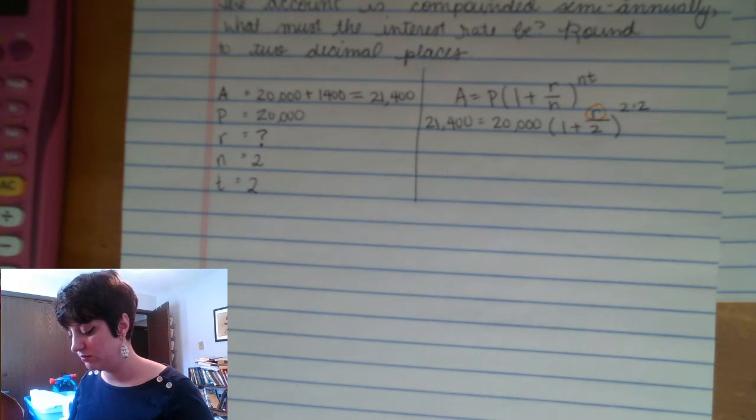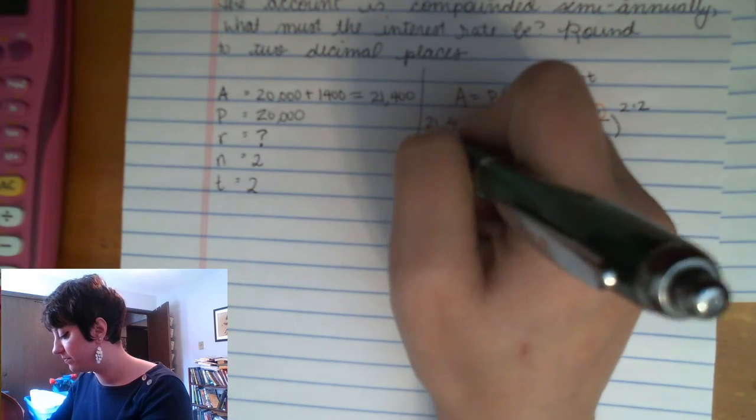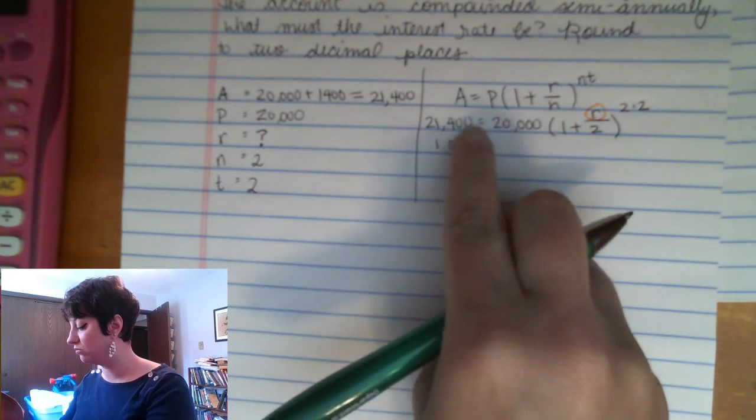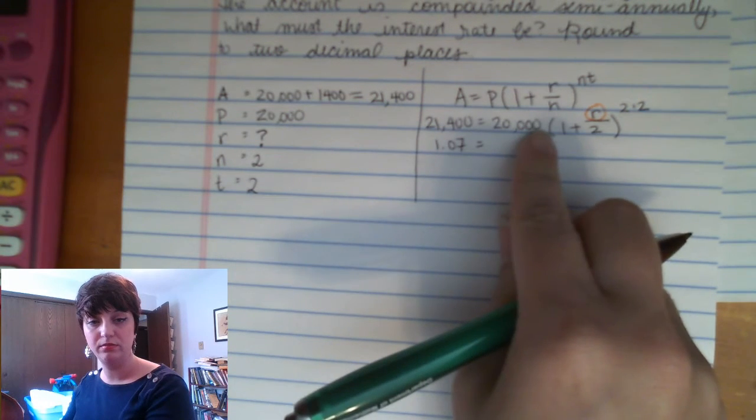Okay, so 21,400 divided by 20,000 gives me 1.07, which, by the way, tells me right here that it's roughly a 7% increase from beginning to end.